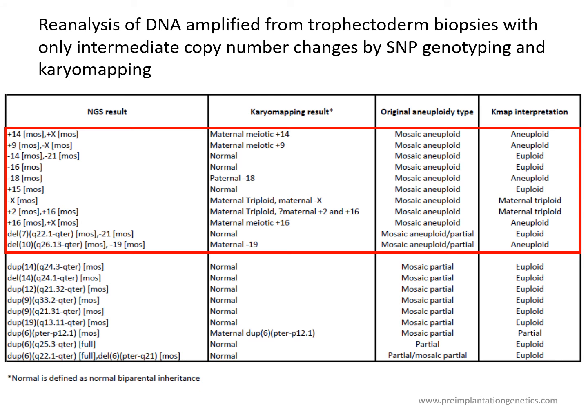And what you can see among the 11 samples is that 4 out of these samples were identified by karyomapping as euploid.